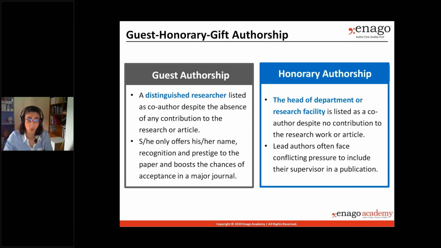There are cases when there are efforts to impose guest or honorary authorships from outside individuals to the senior author, to the official authors of the manuscript. Again, this is unethical, and appropriate measures need to be taken to avoid this.